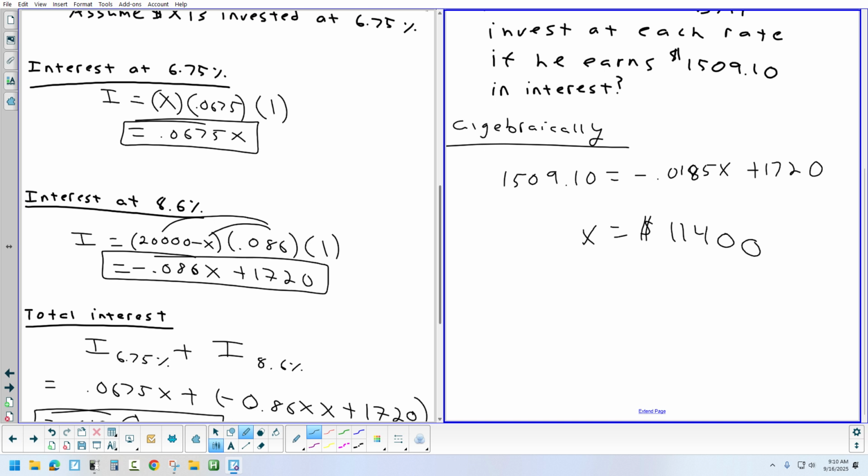We need a little bit more info about that 11,400. It's the amount that was invested at the 6.75% rate. So 11,400. So how much money does that mean was invested at the 8.6% rate?